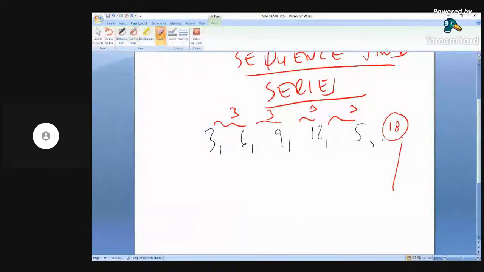is a pattern of numbers. We are talking of number patterns.